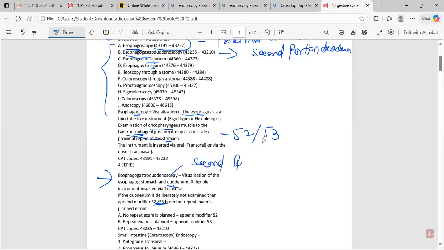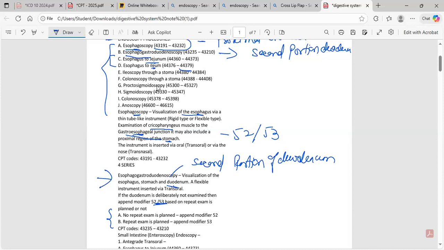If the scope does not reach the second portion of the duodenum, then you have to use modifier 52 and 53 based on the documentation.